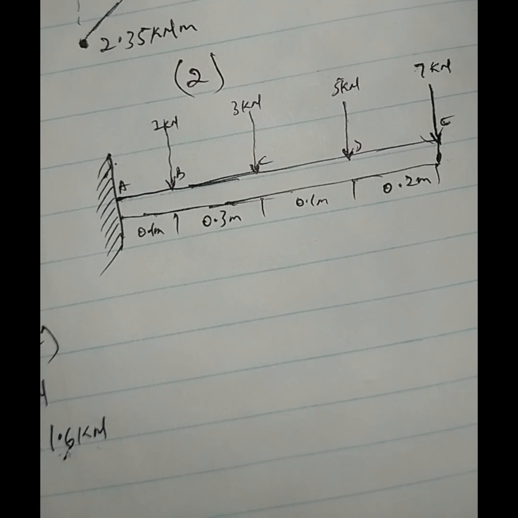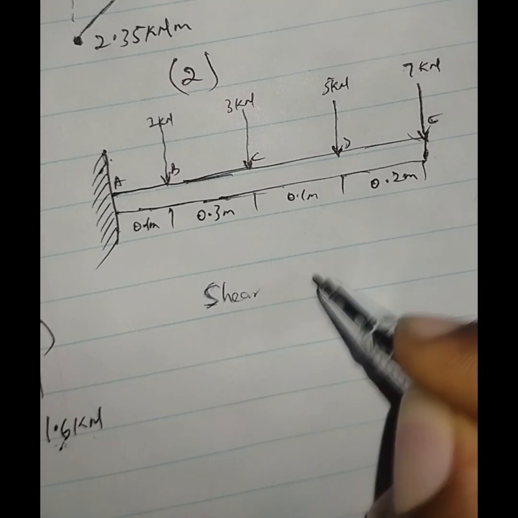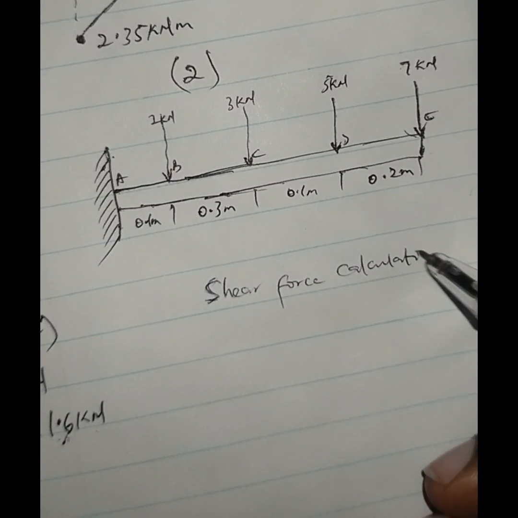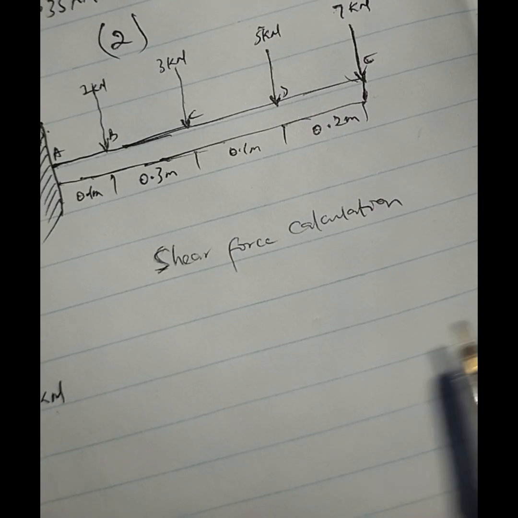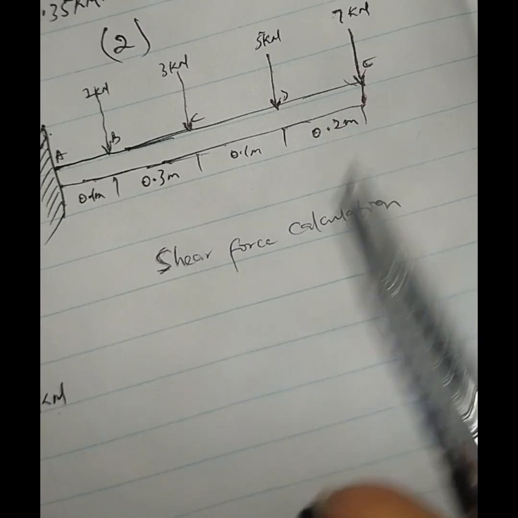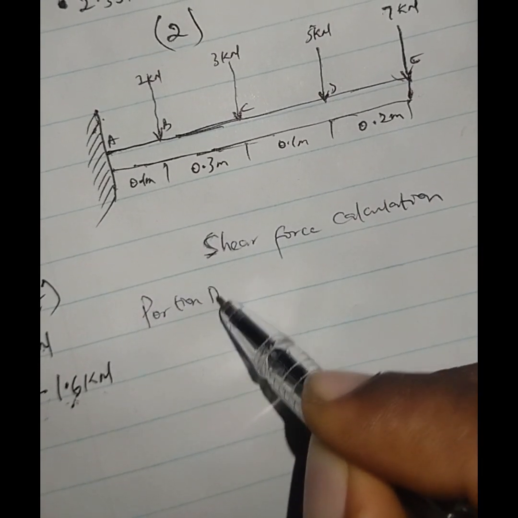So now let's look at it. We have shear force calculation. That's how we start. Now, like I said, we'll start from the end. So the last portion is DE. So we'll start portion DE.